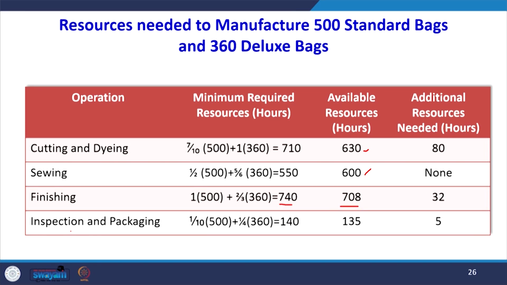Look at the last constraint, inspection and packaging. The hours required is 140 and hours available is 135. So 5 additional resources are required. So when you bring these constraints which are not achievable, then you will end up with the infeasible solutions.